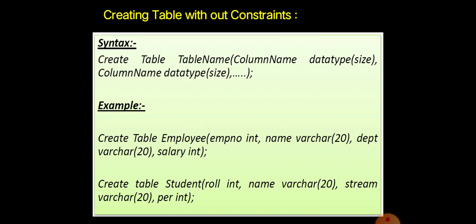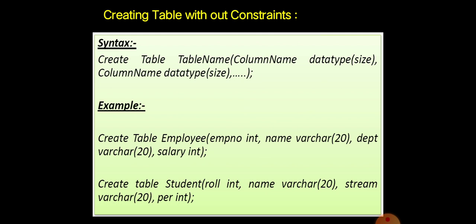Look at the example given for employee and student. Create table employee. EMP number is the column name. Int is the data type. We can give the size for int, that is 6, 7, like that we can enter. If you are not giving any size for int, it can accommodate 11 digits, that we already discussed in the previous modules.